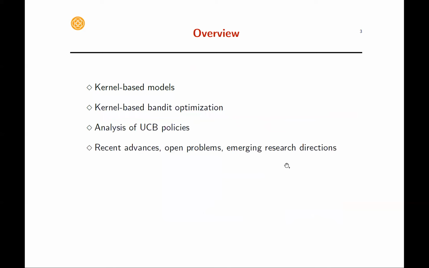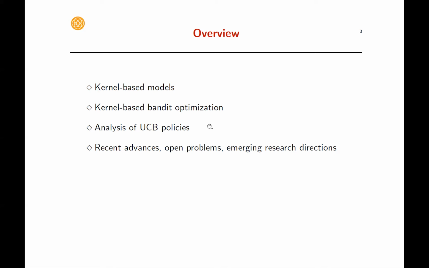So just an overview of what I'm going to cover today. I'm going to talk about kernel-based models first to overview what we mean by a kernel-based model, then talk particularly about kernel-based bandit optimization.